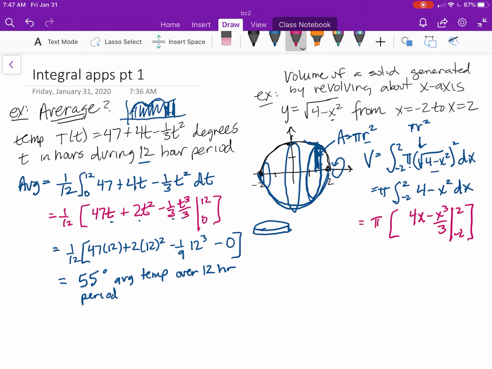All right, let's substitute 2. We'd have 4 times 2 is 8 minus 8/3. Okay, that's substituting 2. Substituting -2 would give a -8, and then a positive 8/3. We've seen this happen a lot, where we get the same thing. This becomes 8 plus 8, so 16, and -8/3 and another -8/3, so -16/3.